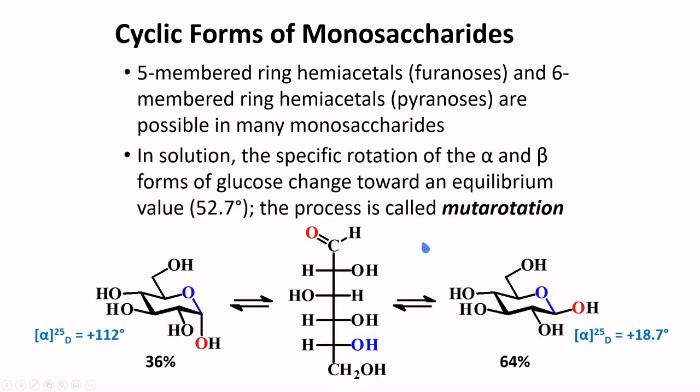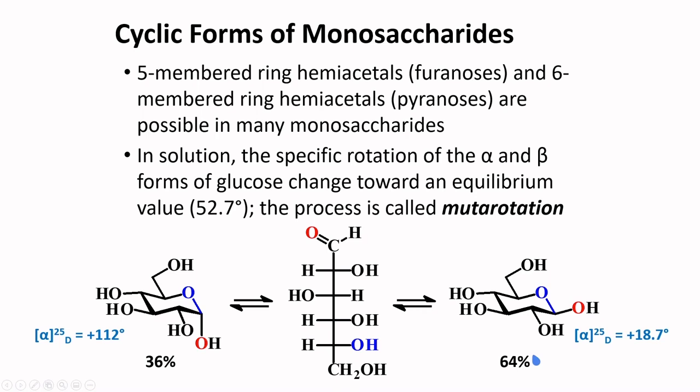In solution, the specific rotation of the alpha and beta forms of glucose change toward an equilibrium value of 52.7 degrees. Recall that each of these types of hemiacetals have unique specific rotation values. However, in solution, the alpha and beta forms may equilibrate to give an equilibrium value for specific rotation of 52.7 degrees.